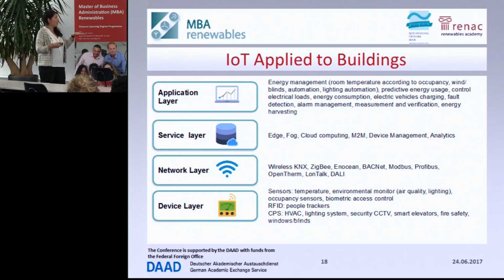They are using analytics in order to predict the user behavior, and so we can have better energy management, a predictive energy usage, control electrical loads, energy consumption, use energy vehicles charging, because if you are integrating renewables and whenever you have a surplus, you can use that in order to charge a vehicle.